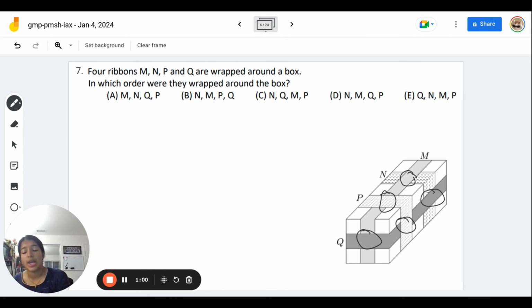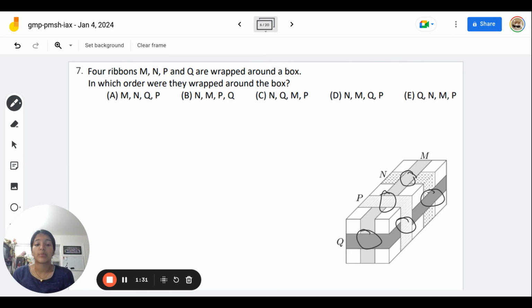So when we look at N and where M is, we can see that N is underneath M. So ribbon N was put on before ribbon M. Same with Q and N. We see that ribbon Q is over ribbon N, so we know that Q happened after N and N happened before Q. But we don't have any correlation between P and N.